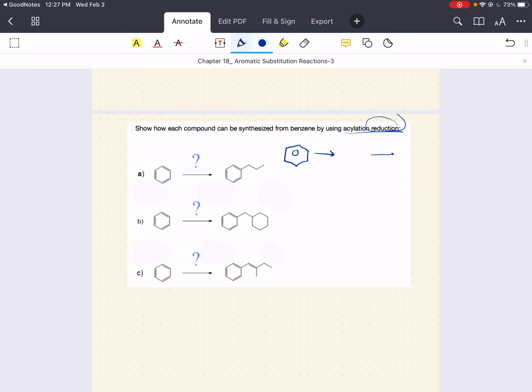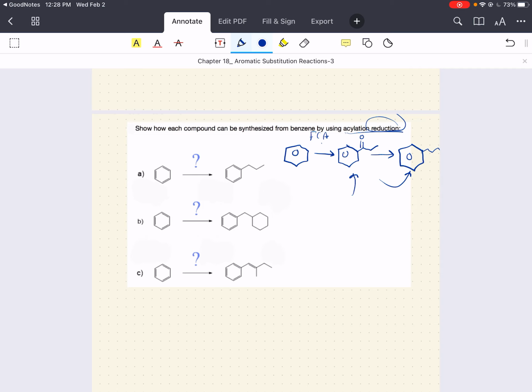So we're trying to figure out how we can conduct Friedel-Crafts acylation here, and then take this product and through acylation reduction get this final product we see here. So what would we have to treat our benzene ring with to get something that looks like this? That's the goal here, so that we can then reduce it to get this.